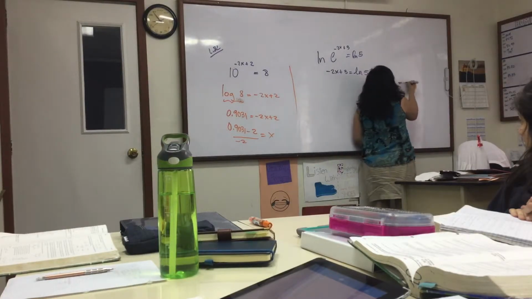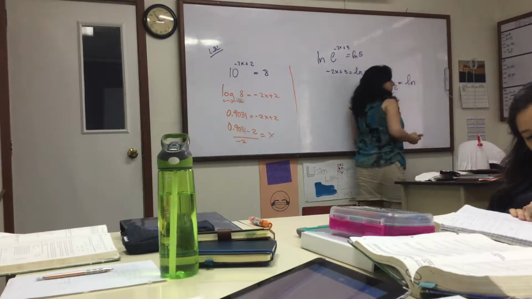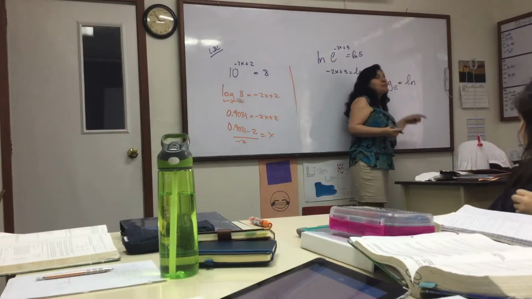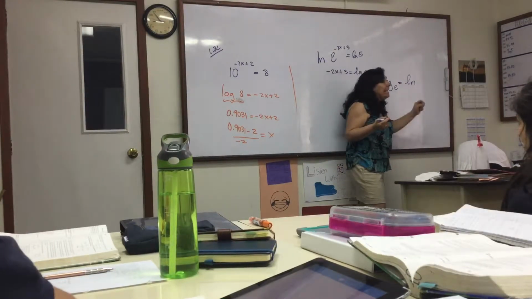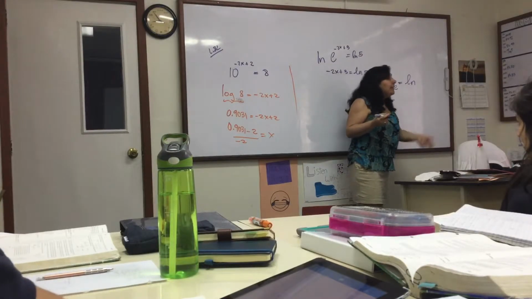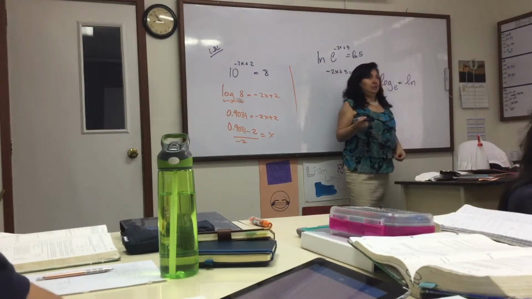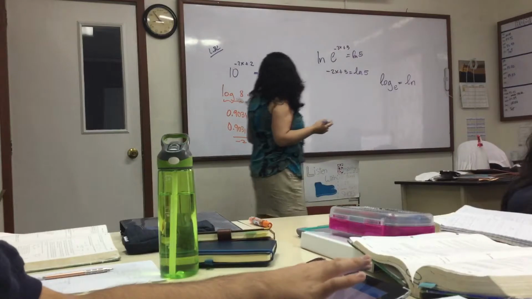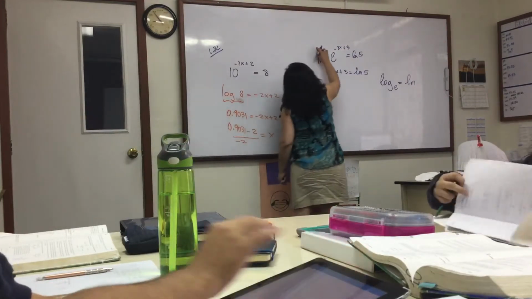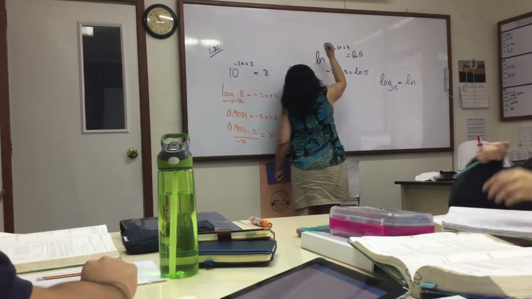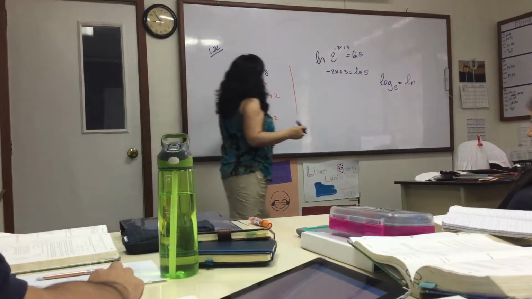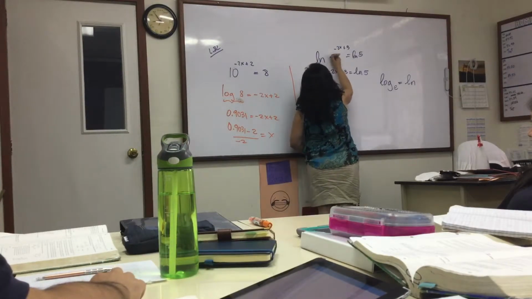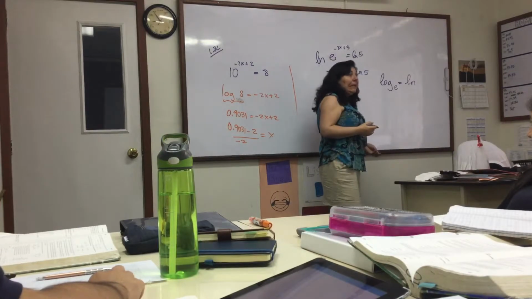You say base e, you say natural logarithm. So instead of writing all of this, we write ln. It's not an I, it's an L. But I mean the one that looks like an I. No, the one beside it. The E. What about the E? How do you call it? E.